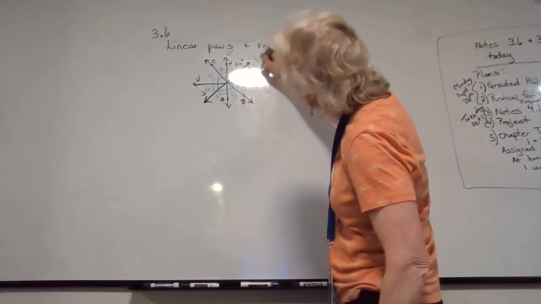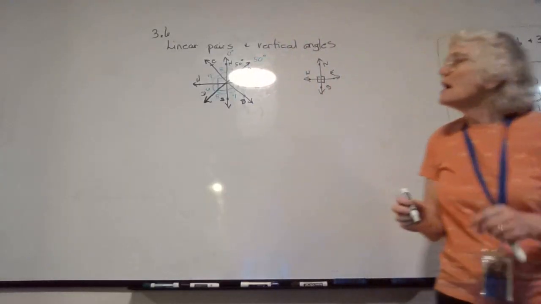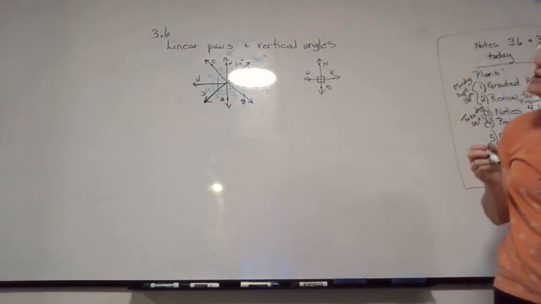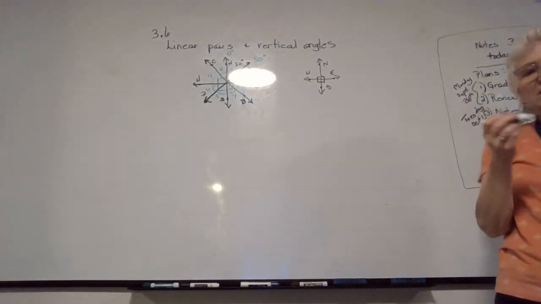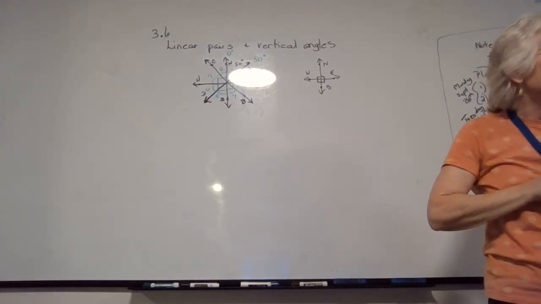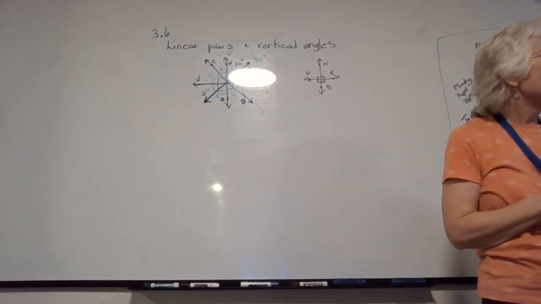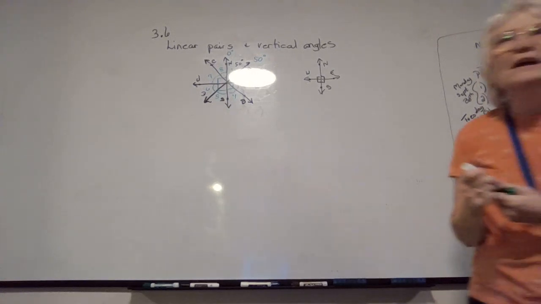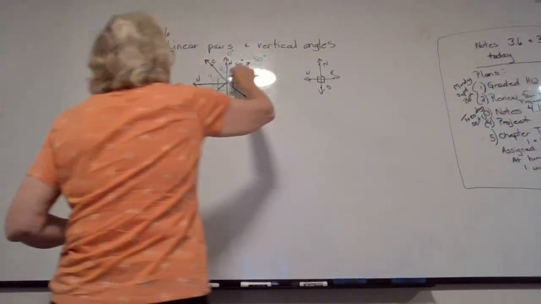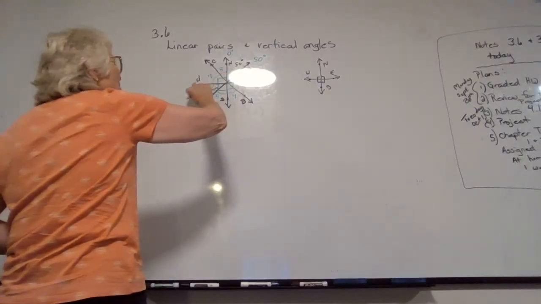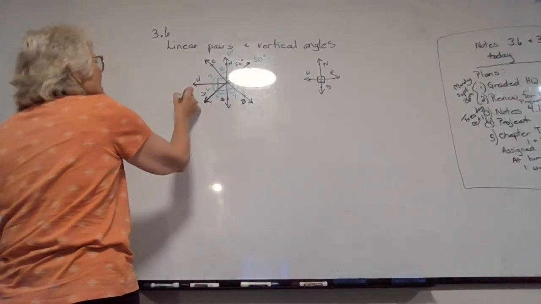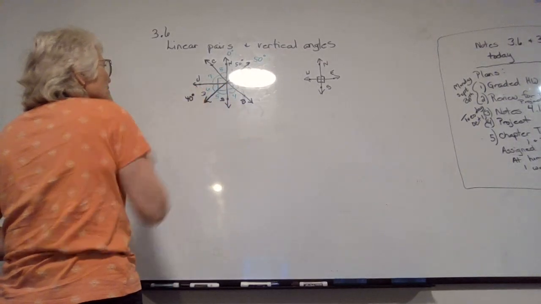Now, can I find angle 6? What is angle 6 and why? It's 40, because it's a vertical angle. If you look at this one and this one, they're vertical angles of each other. So angle 6 is also 40 degrees.